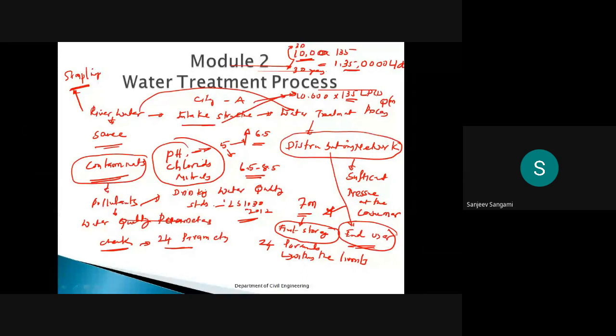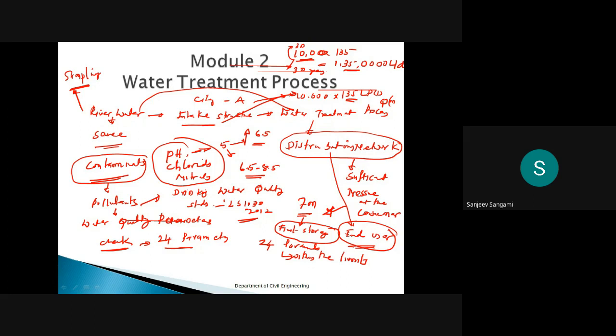The intake structure is the structure related to calculating the quantity of water or keeping any of the pumping machinery. For example, a jack well normally does that. It is there in our second module.